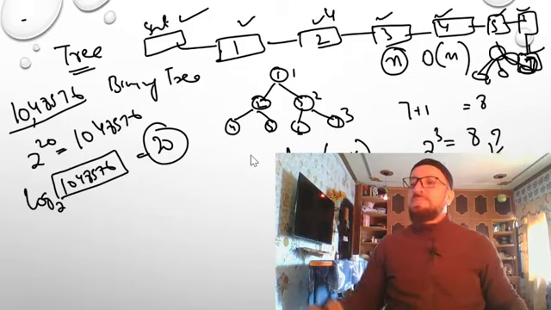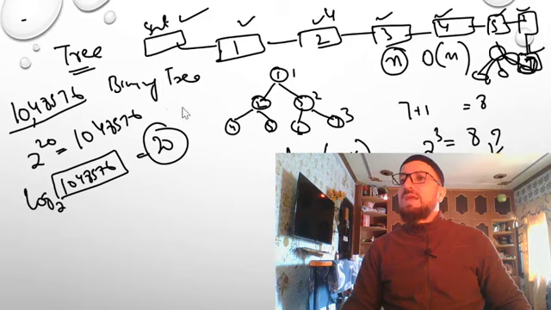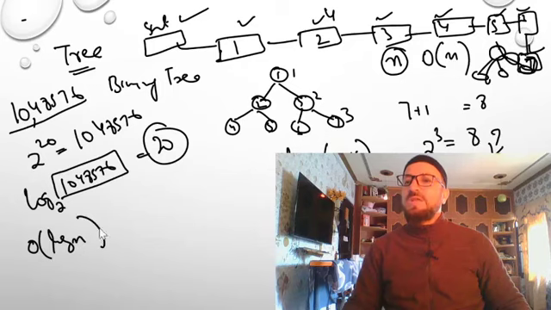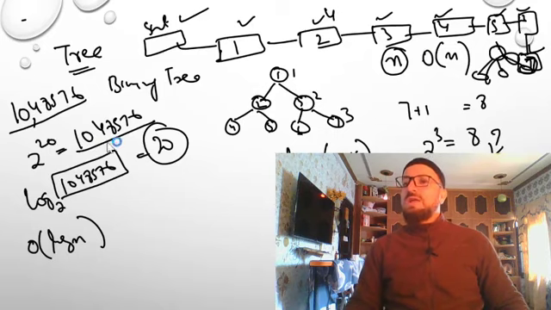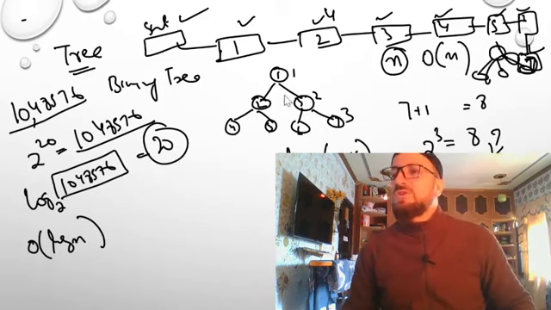So that means your computation will be very simple. It will be big O of not n, rather big O of log n. From big O of n to big O of log n, because you have reduced this number to just 20. The total number of nodes was 2 to the power 20, and it has been reduced to just 20. So see how efficient our binary trees are.